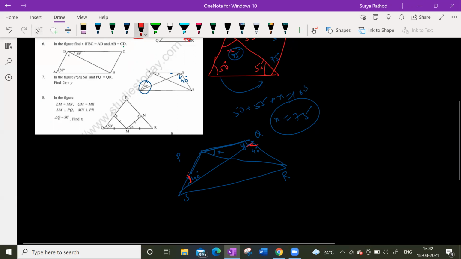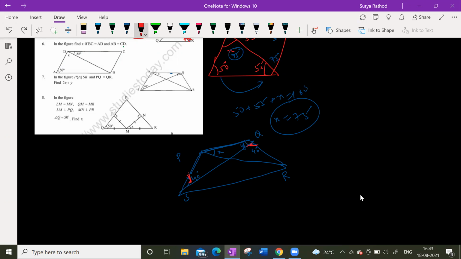Look at this here. X value straight away. This is a 40 degrees. This is a 40 given. Now what exactly is Y going to be? If it is 40, then this is what?